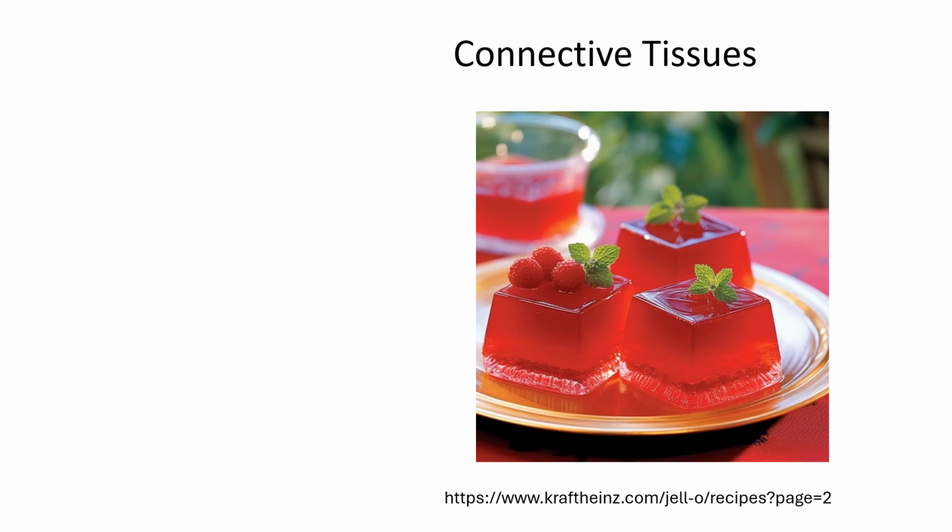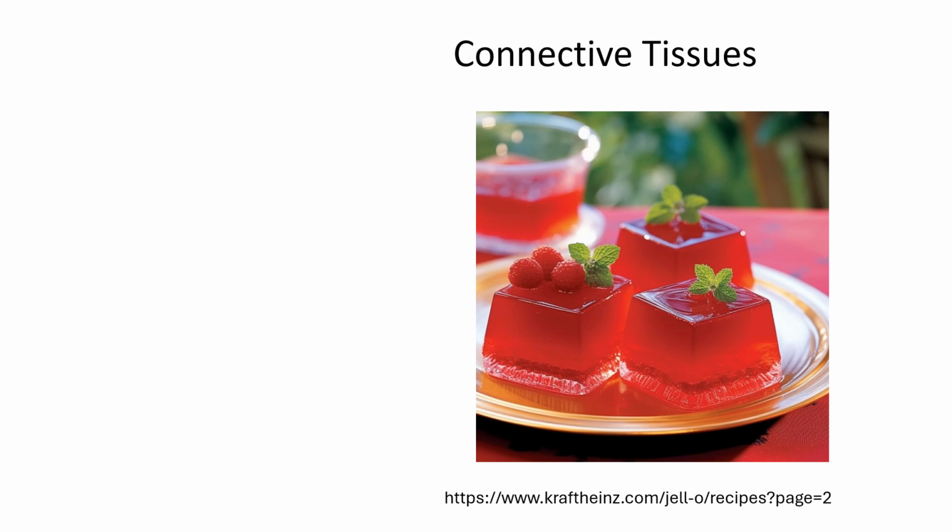Moving on. When you make a jello mold like this one, with the fruits suspended in the jello, we can make a crude but useful analogy to connective tissues. All of our connective tissues have cells. And we're familiar with cells and their nuclei from looking at things like simple cuboidal cells with the nucleus right in the center.